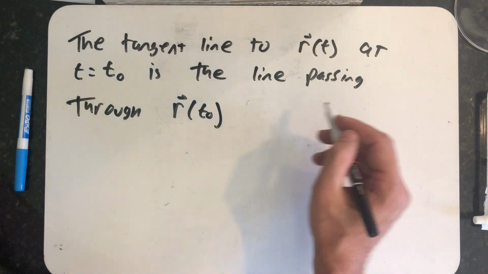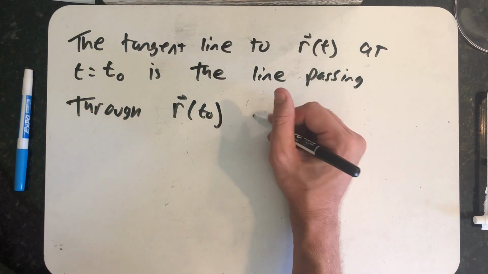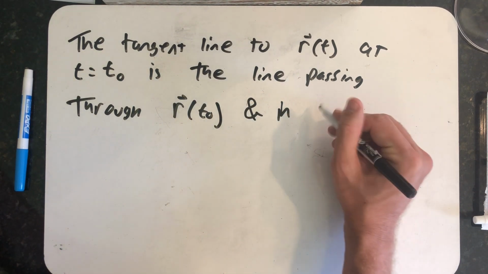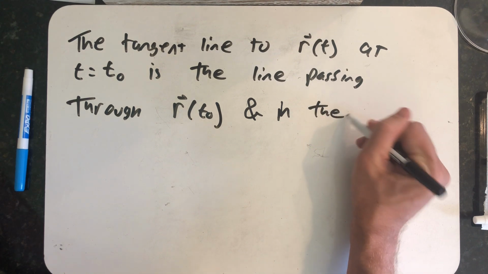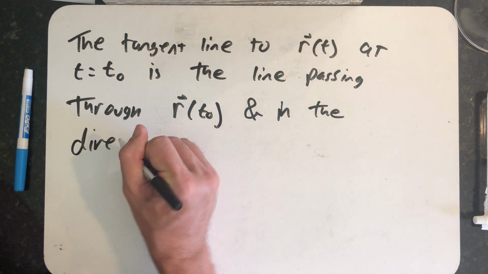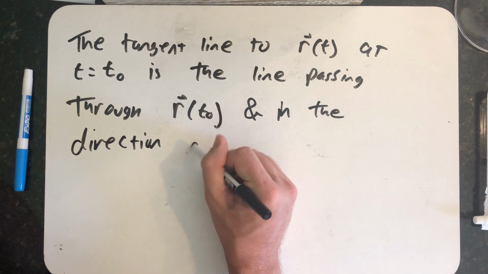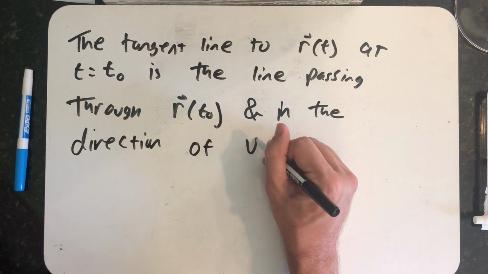That's the point on the curve, and in the direction of the velocity vector.